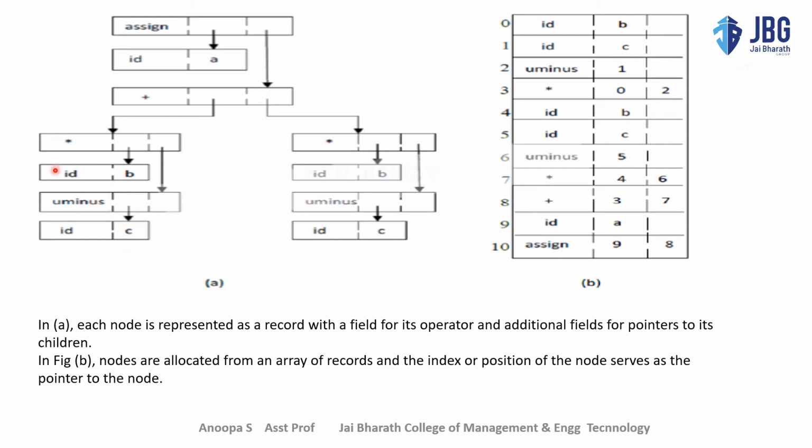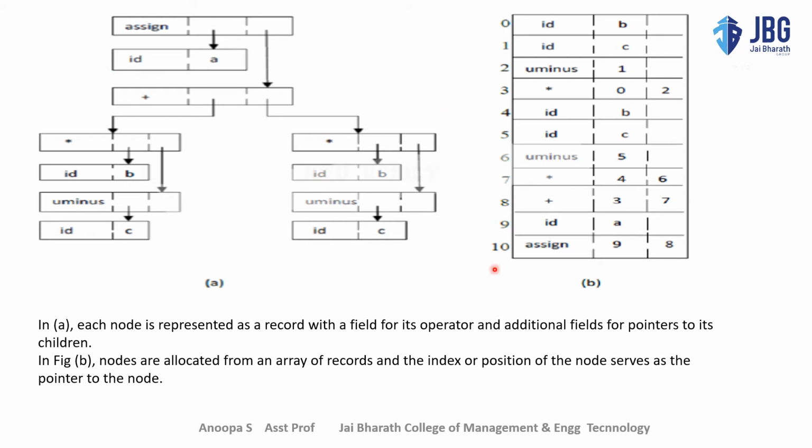Then another node is created with label b. This is another operator node with pointers to operand b and operand unary minus c. Then the same is repeated on the right side. Then we have to perform addition, so plus with pointers to two operands. Then the assignment operation, that is a is equal to b into minus c plus b into minus c. So this is one representation.